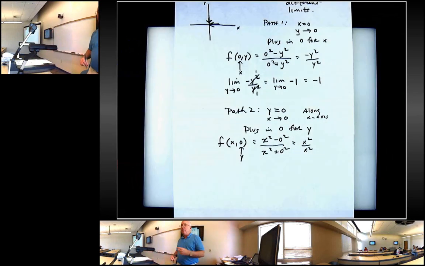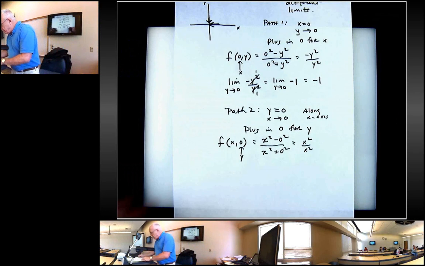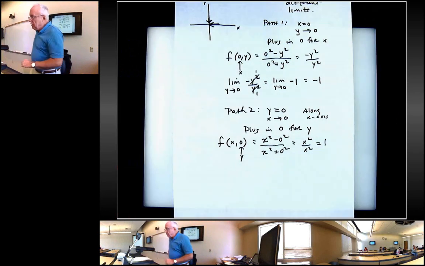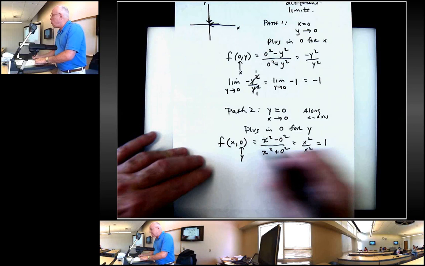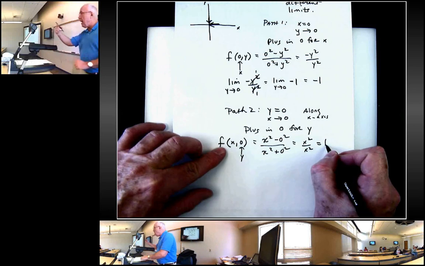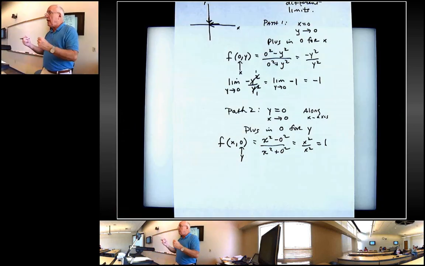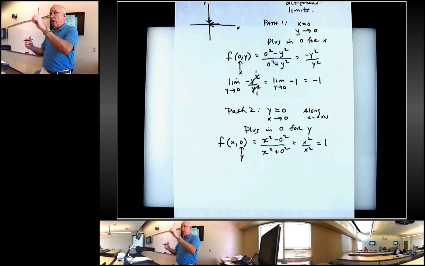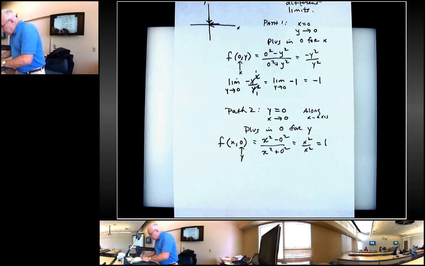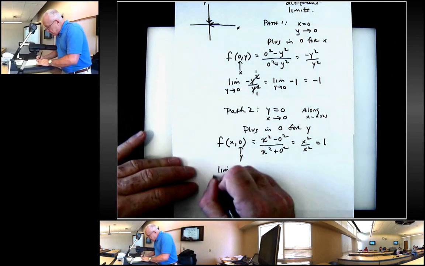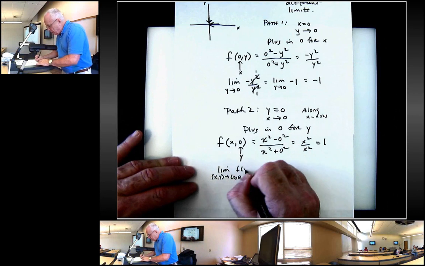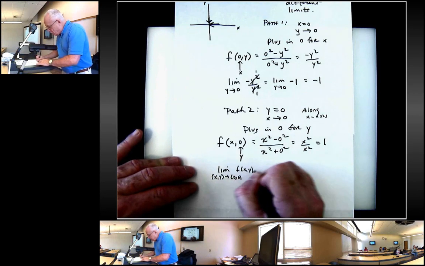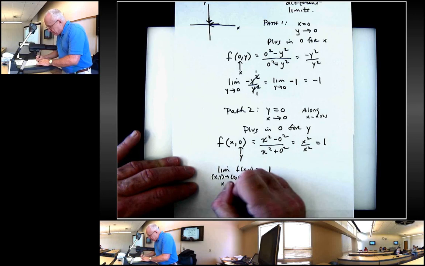And of course, that's going to simplify to 1. So therefore, our limit, since it's always equal to 1 along that path, the only limit we can have is 1. Okay? So the limit as x, y approaches 0, 0 along this path is equal to 1, say on the x-axis.